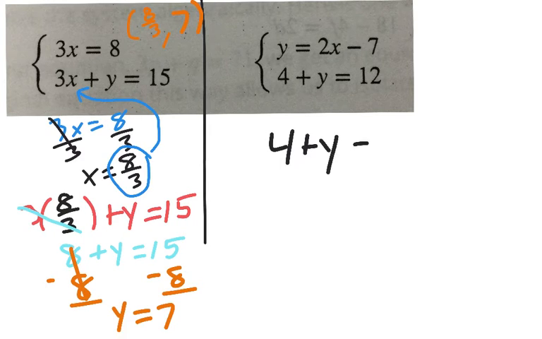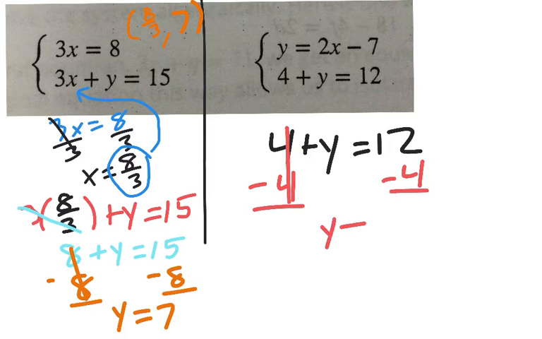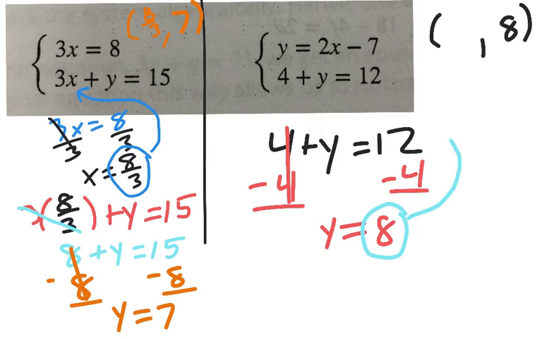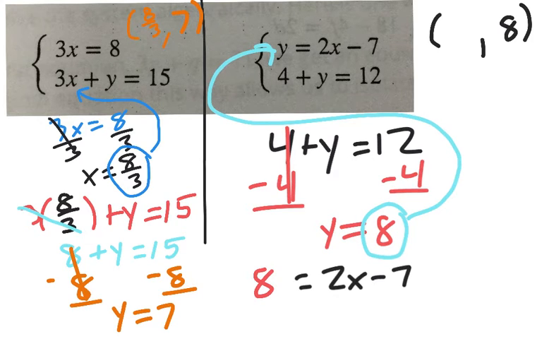So if I take 4 plus y equals 12 and get y by itself, that means I'm going to subtract 4. That tells me y must equal 8. So now I know on the ordered pair where they meet, the y value is 8. I'm going to take that 8 and plug it into the other equation, which in this case will be the top one. And so now that would give me 8 equals 2x minus 7.